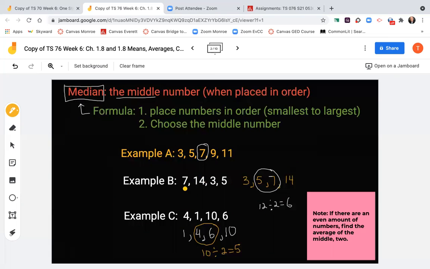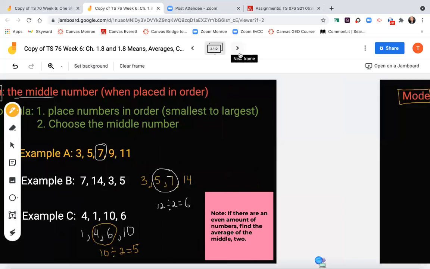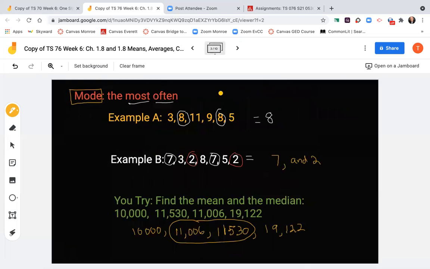However, if there are an even amount of numbers, first place all the numbers in order from smallest to greatest, circle the middle two numbers and divide that by 2, and that will give you the median. And then finally, the mode is just the number that occurs the most times in a set of numbers. And again, sometimes it could be more than one. In example B, both 7 and 2 occur more than once, just twice actually.